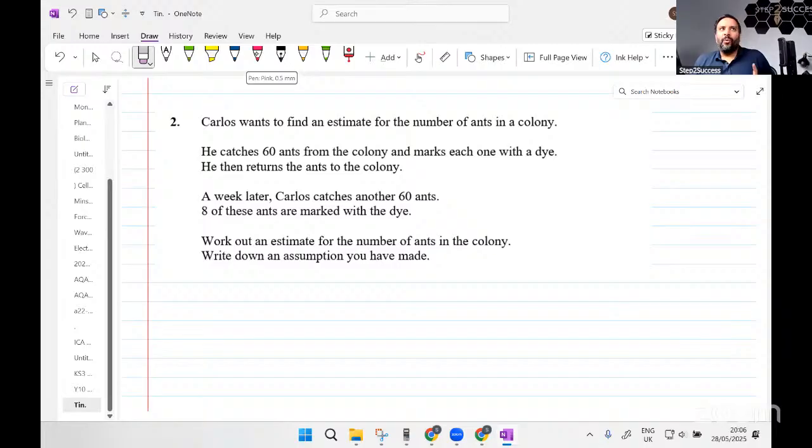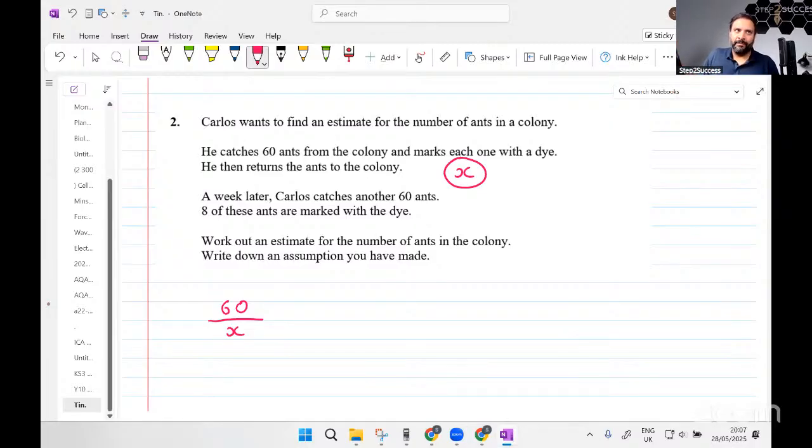So what we do here is imagine that the total number of ants in this colony is x. Now, when we caught 60 of them the first time, we marked them. So as a fraction, 60 out of all of the ants have been tagged, so 60 out of however many there are, 10 million, whatever.